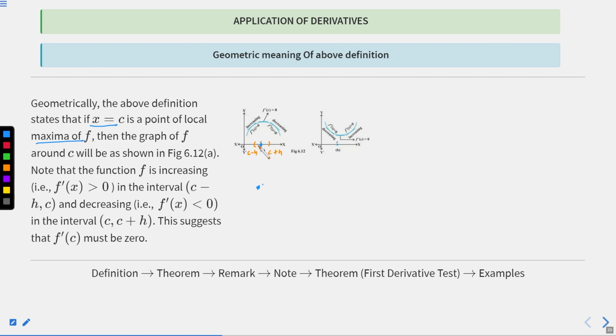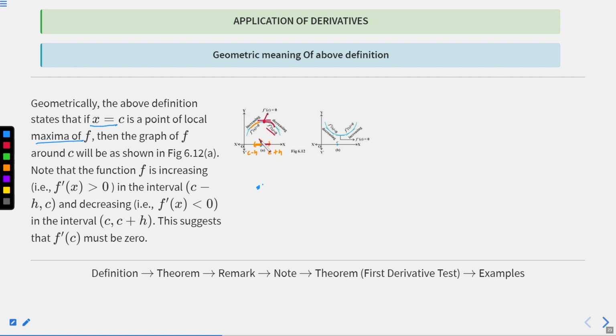Then in this interval, f prime of x is positive as the graph is increasing. When the graph increases, f prime of x, the first derivative, is positive. And in the interval c to c plus h, the graph is decreasing, as you can see. That's why f prime of x will be negative here. And f prime of c will be 0, as you can see.